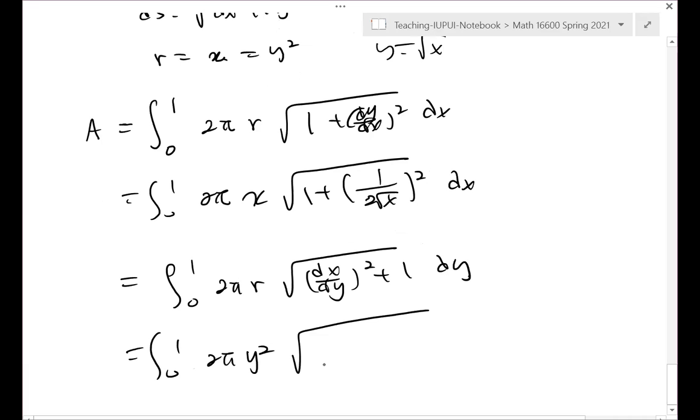And what is dx? x is y squared, so dx is 2y. So you get two different integrals. I don't know which one is easy to evaluate. Maybe you cannot evaluate any of them, but you set up two integrals.